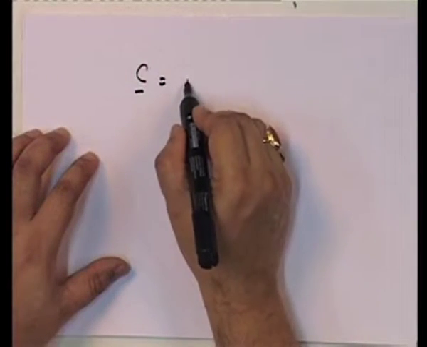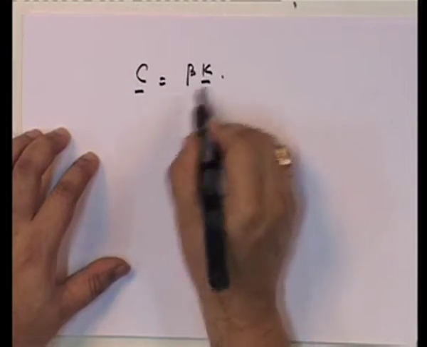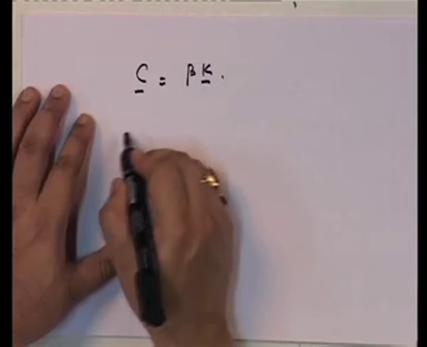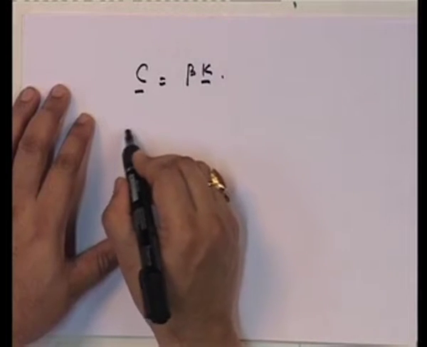Let us see what happens when I have stiffness proportional damping. If I have stiffness proportional damping, C is equal to beta k. So, let us go through it.